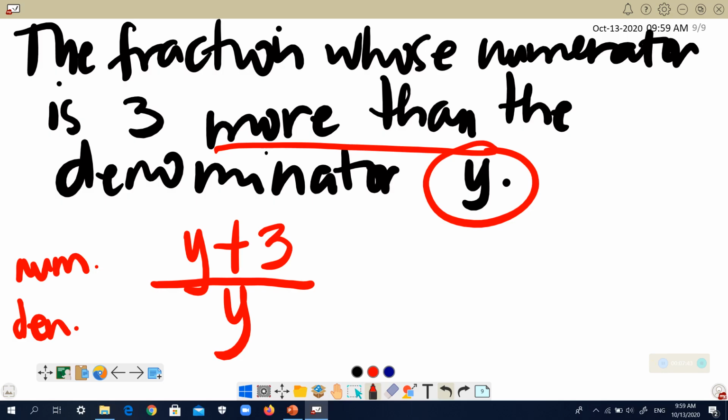Therefore, we have here the translation, y plus 3 all over y, from the given statement, the fraction whose numerator is 3 more than the denominator y. I hope you get it.